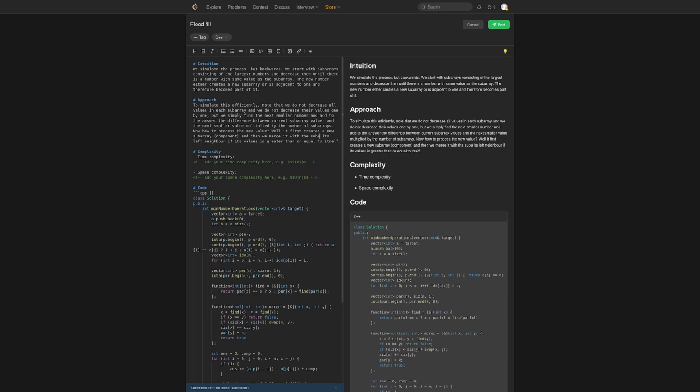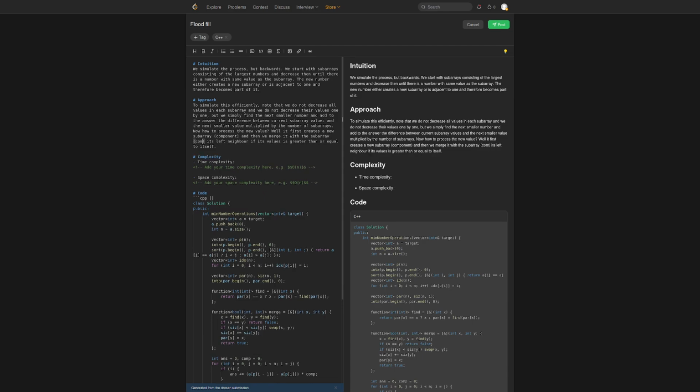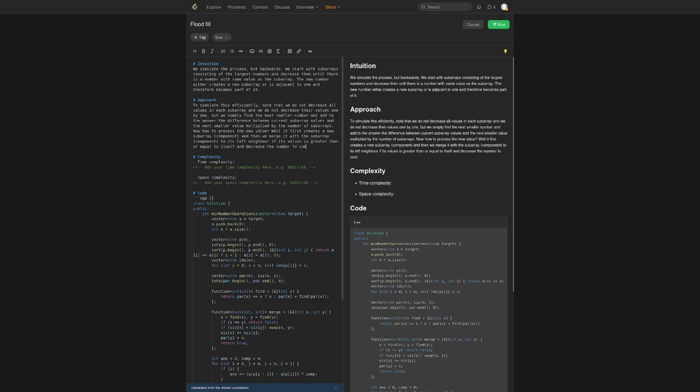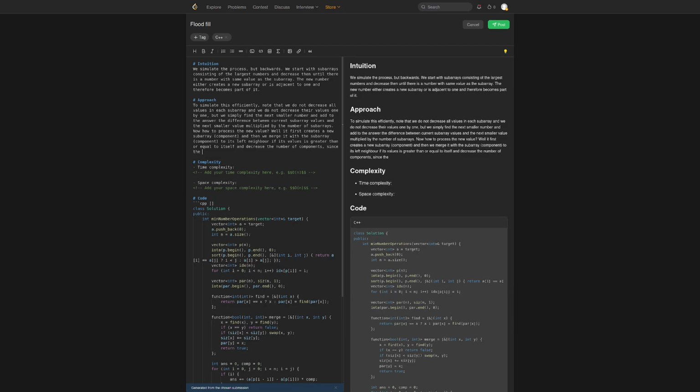With the subarray component to its left, and decrease the number of components since the new component was eaten up.